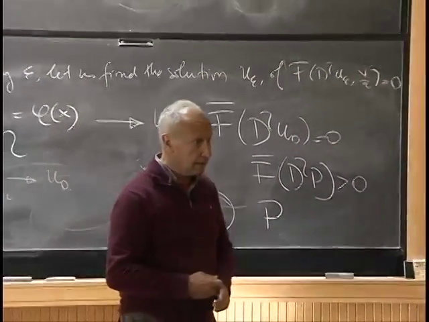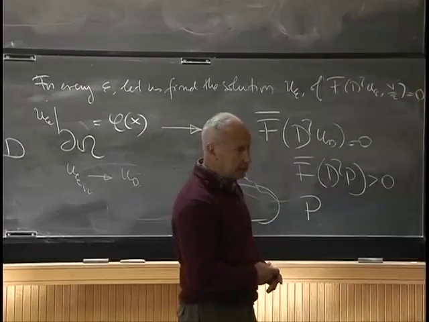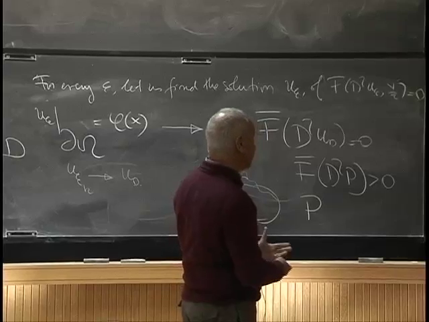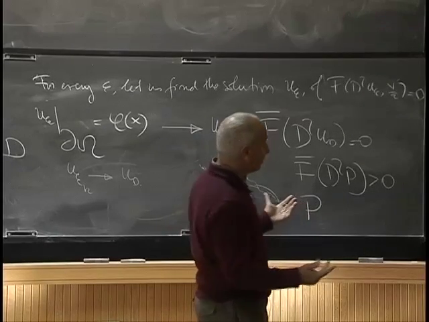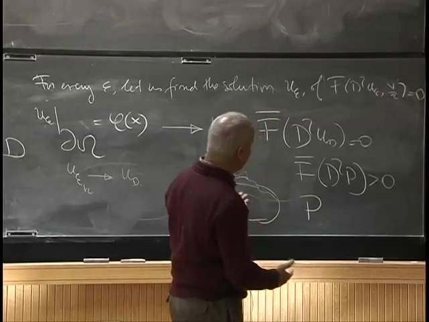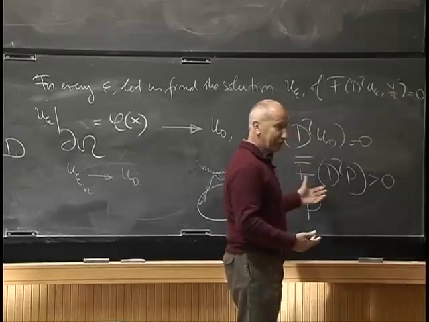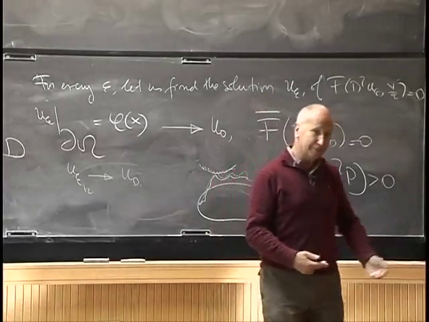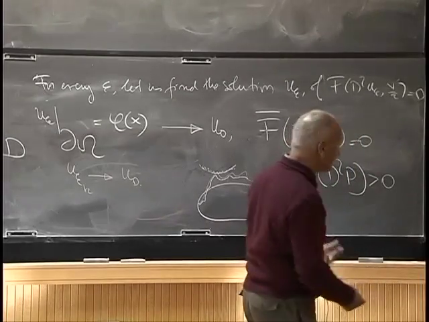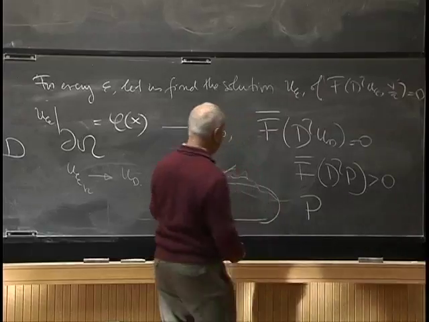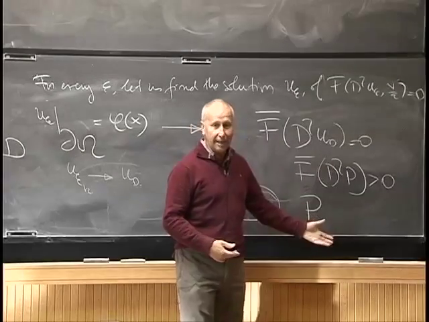And if I manage to touch the approximating function, this polynomial P better be a subsolution of the limiting equation, because if not, I'm doomed. The only way I can say that u0 satisfies the limiting equation is that this happens.